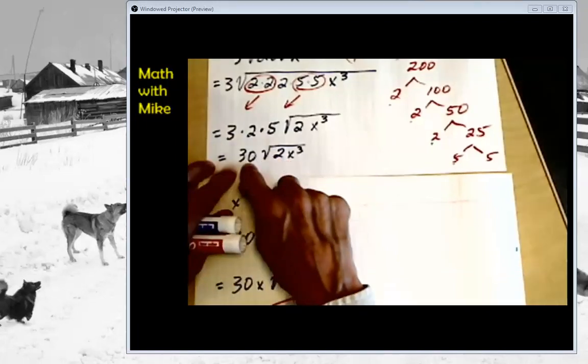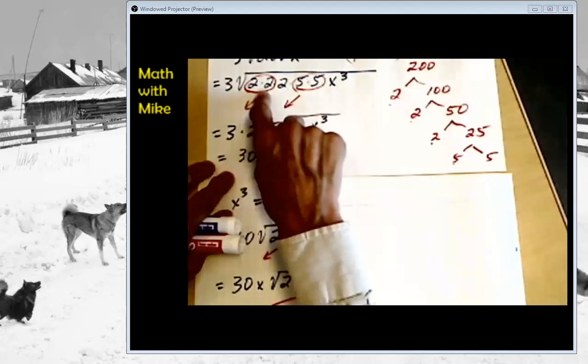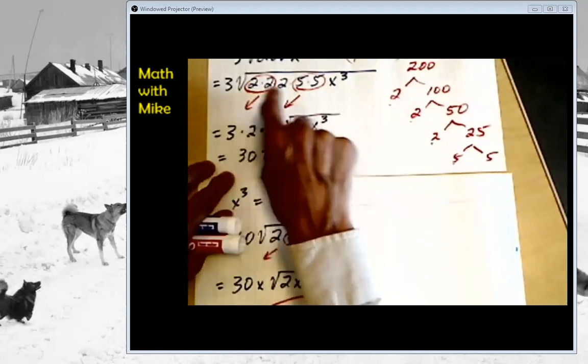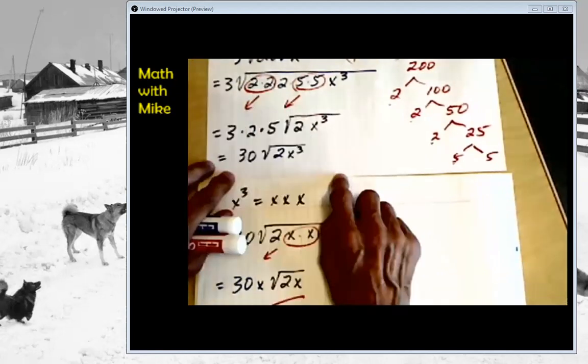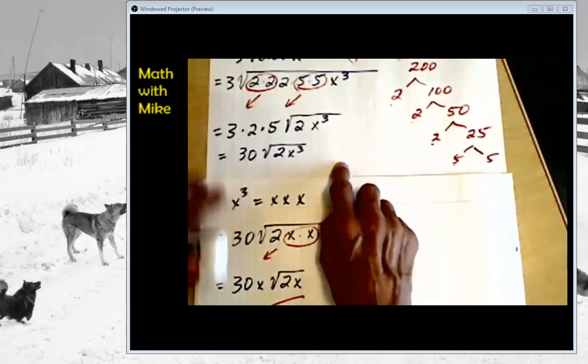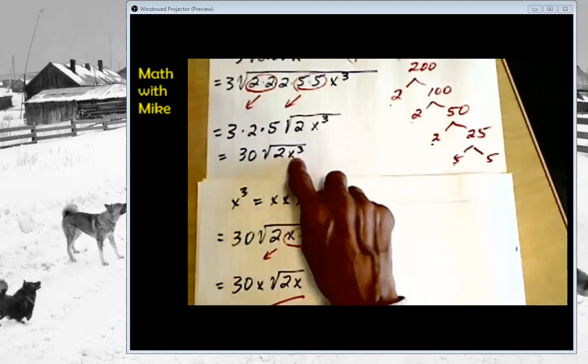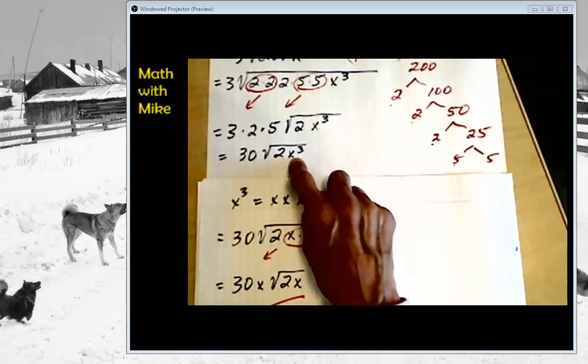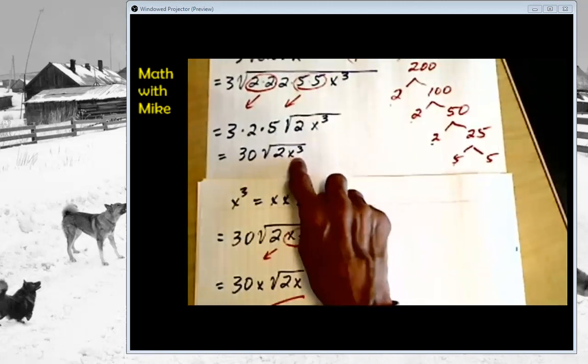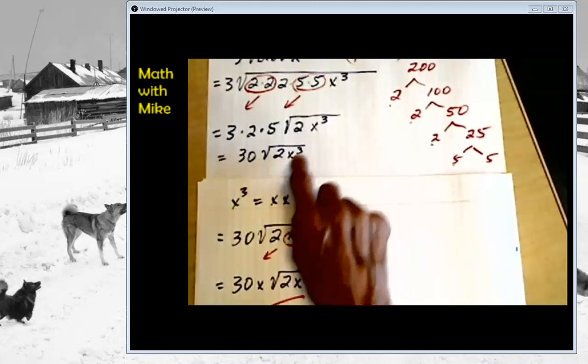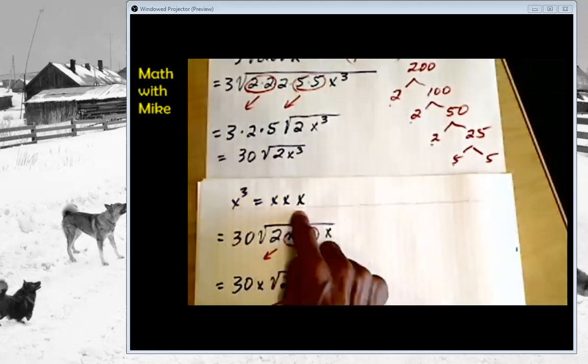Now, these groups of 2 things, 2 numbers, same with 2 letters. So watch, x to the 3. This was the first week, I think, so you might not have been here. x to the 3 means there are 1, 2, 3 x's all multiplied together.